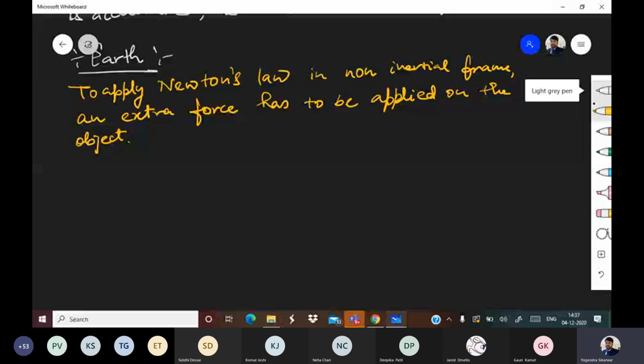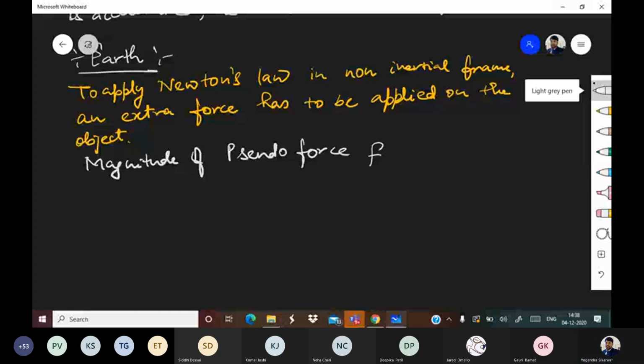Now comes the next part: how much will the pseudo force be? So let us talk about that. Magnitude of pseudo force. F pseudo is equal to M into A ref.